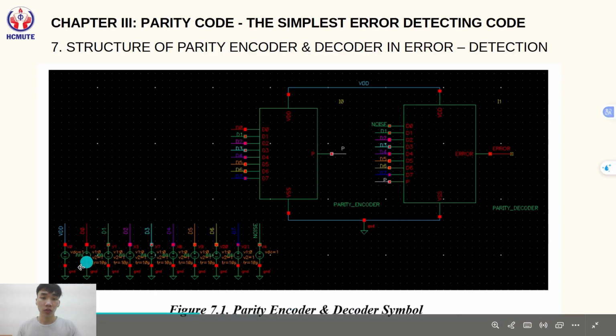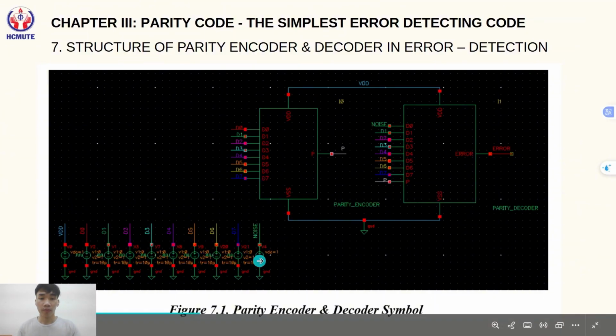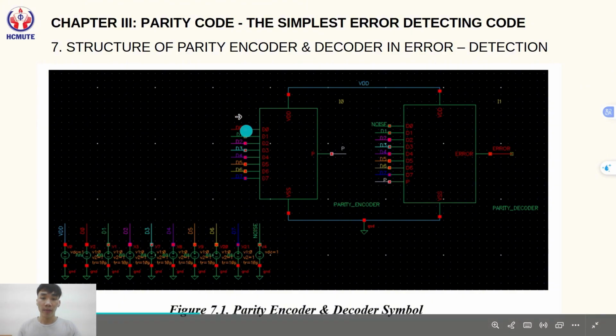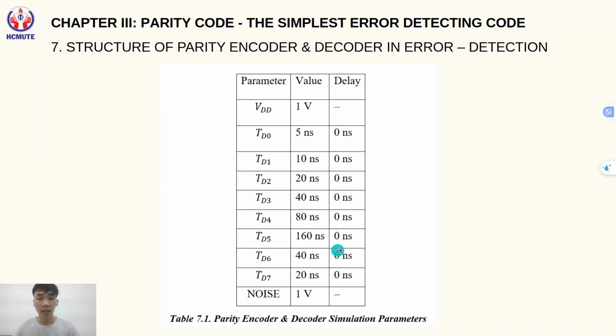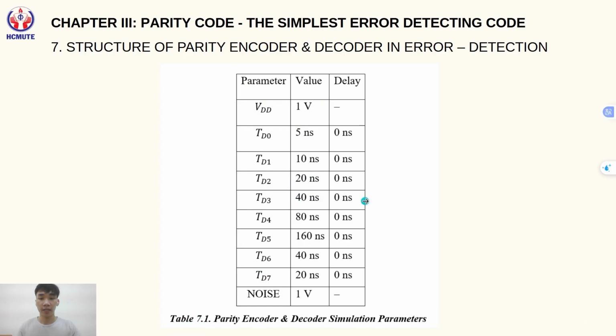Initially, D0 equals 1 normally, but when transmitted through the decoder, the D0 noise equals 1 bit, while the other bits, D1 to D7, and the parity bit remain correct. So this creates a single-bit error scenario to observe the detection capability of the parity system. And this setting allows correct and error cases to be observed in the output waveform.